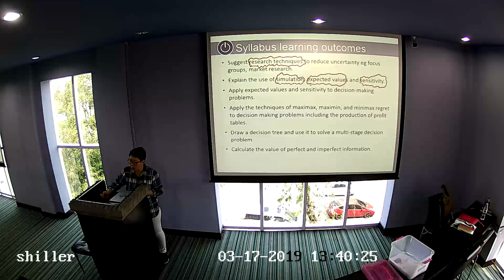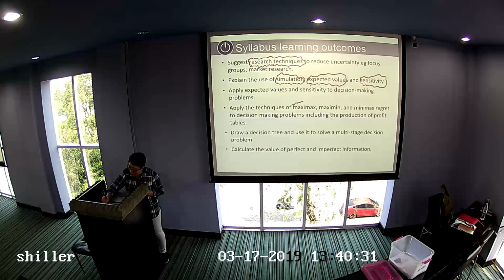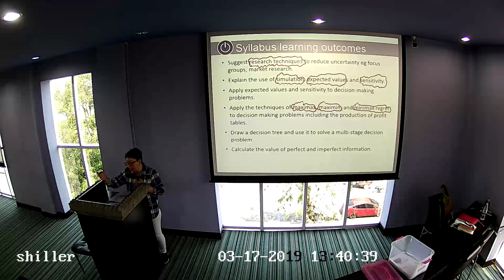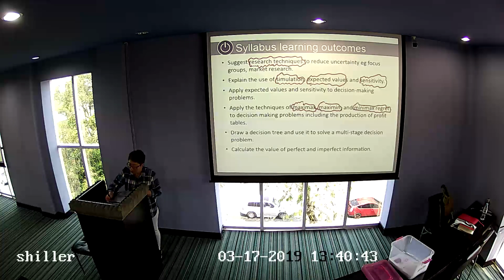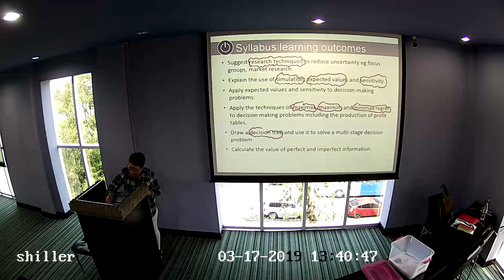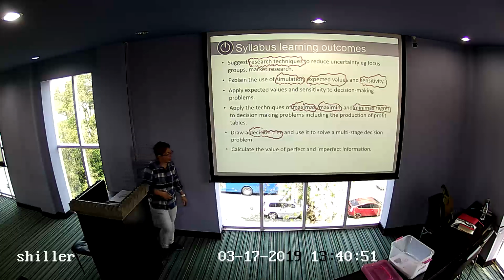These are the ones that we're going to look at today. Then you will also hear the words maximax, maximin, and minimax regret. That's yet another technique to make decisions. Another one is using a decision tree to make a decision.